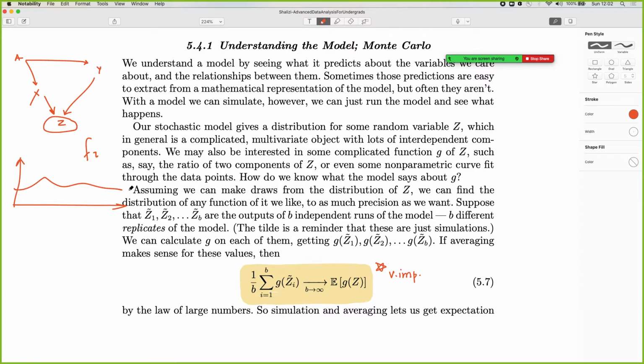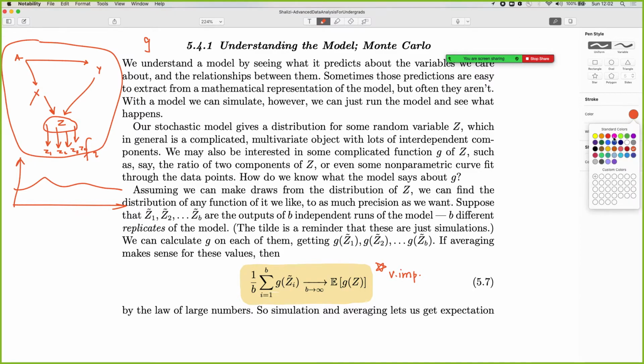I think the point he's trying to get at is, if you have different samples and you want to know what this model says about some complicated function g on these samples, just take these samples and run them through this g and observe what sort of result you end up with.